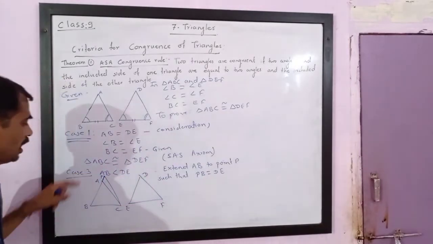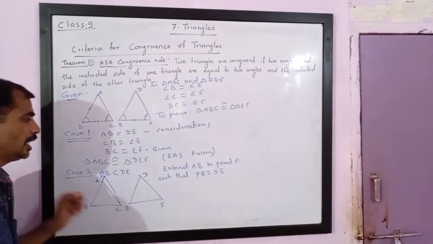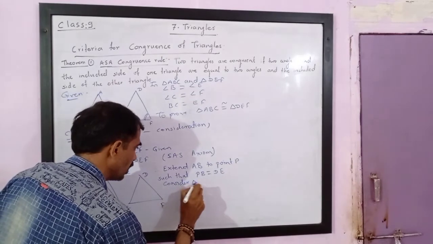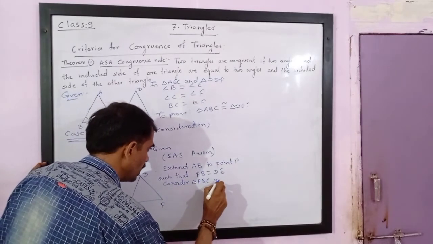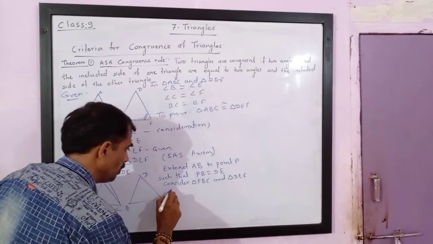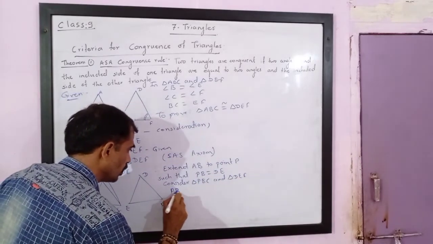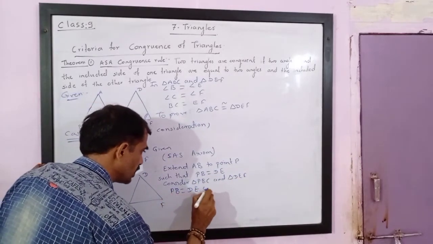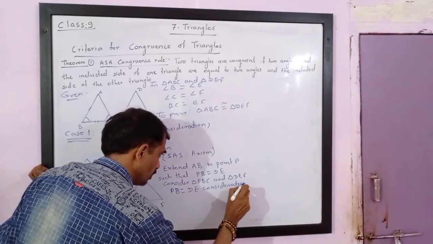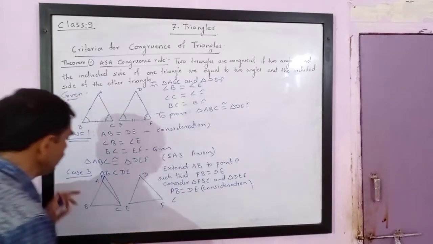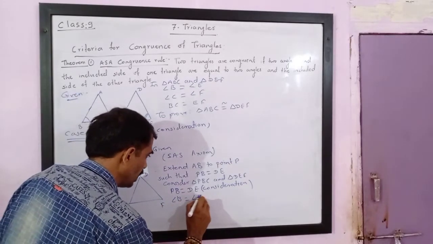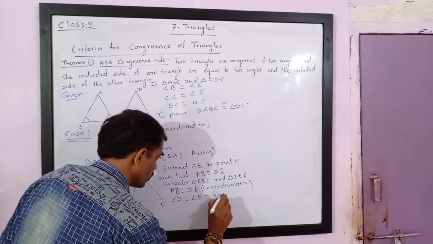Now consider triangles PBC and DEF. In this, PB is equal to DE, that is what we have considered. Then angle B is equal to angle E. This is given to us.